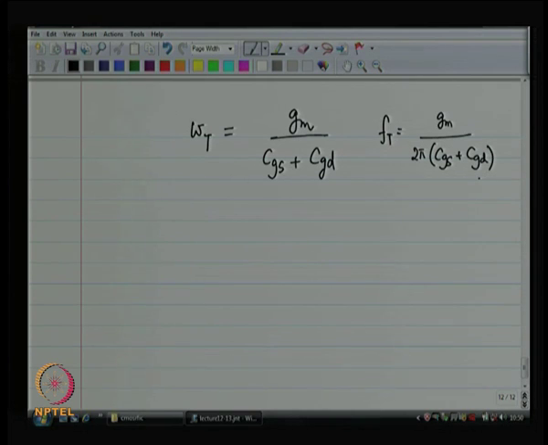Okay. Now, notice some things over here. Suppose I increase the width of the MOSFET. If I increase the width of the MOSFET, GM is going to increase proportional to the width of the MOSFET. CGS is also going to increase proportional to the width of the MOSFET. CGS is area times epsilon by D, right, capacitor.